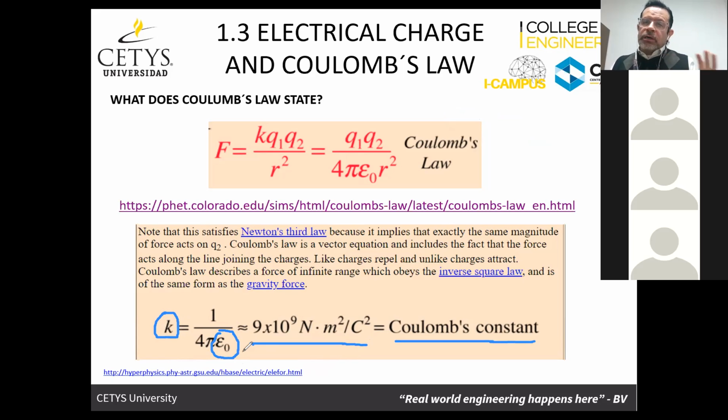Unless specifically noted, all of the situations we're going to talk about with charged particles are going to be in vacuum. If the charged particles were in some other medium, then epsilon 0 would change and the constant would change. But this is the situation for vacuum.